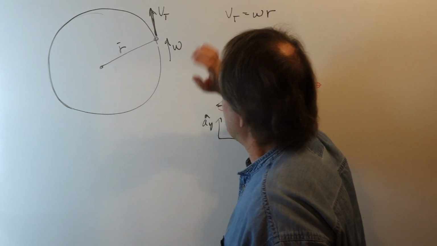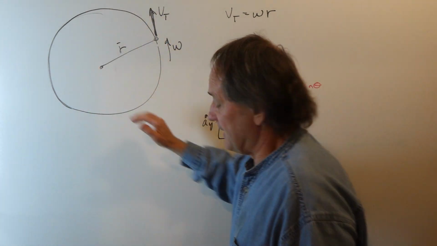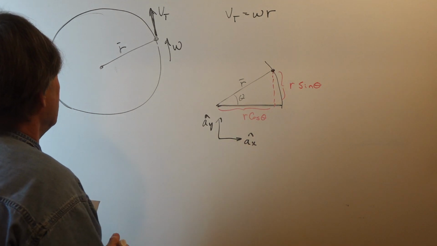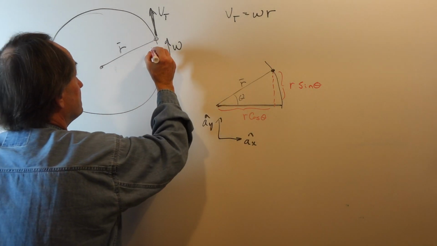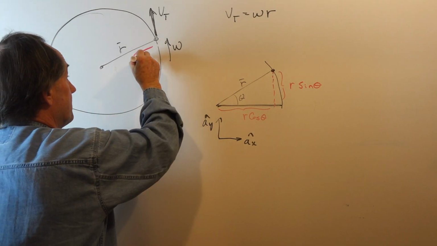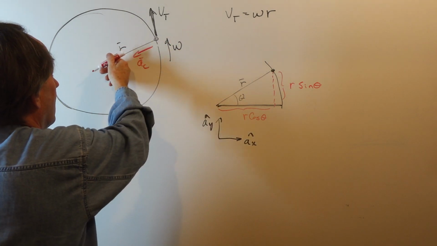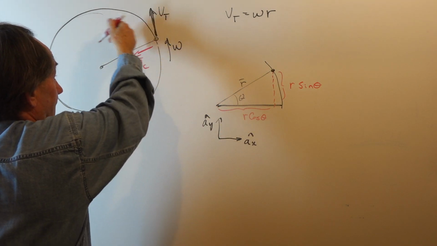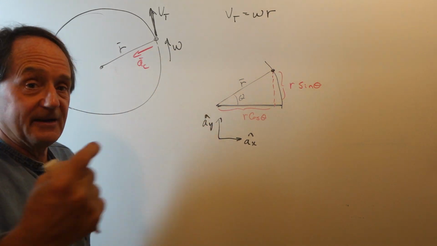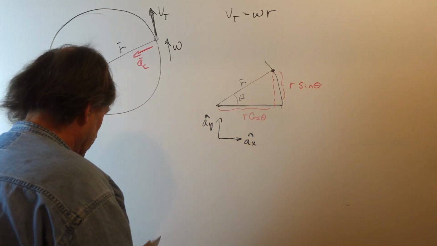We call it the tangential velocity, and again, our omega is the angular velocity. Now, associated with this is an acceleration, which we call the centripetal acceleration. I'll designate it AC, and it's directed towards the center of the circle. We call this our radius of curvature.